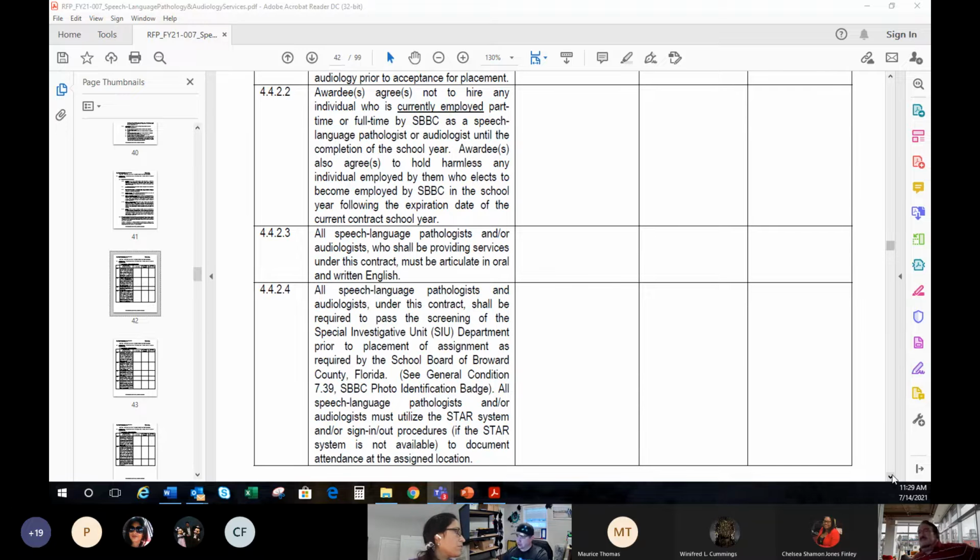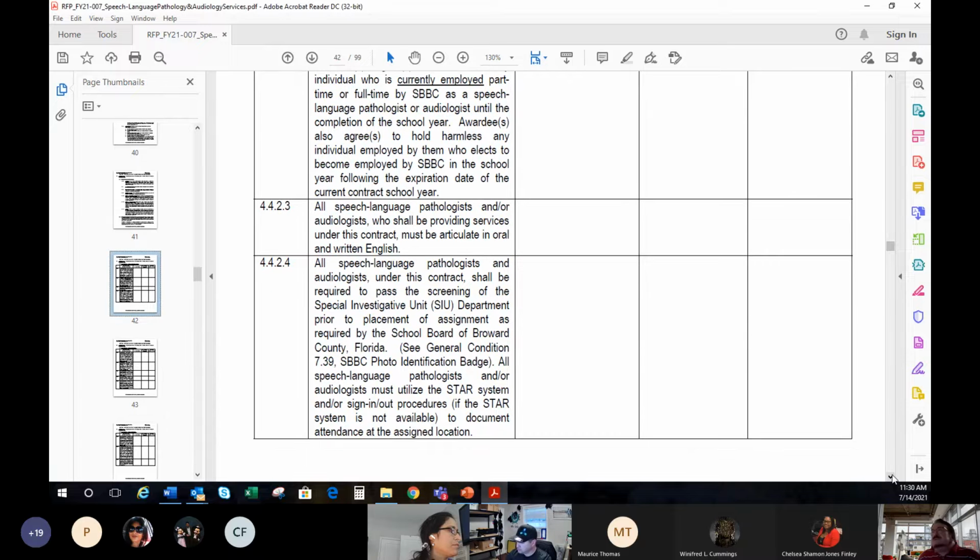So I just wanted to point out that the employees have to meet the requirements of the Special Investigative Unit, and you can go to their website, which lets you know what areas of criminal history are acceptable and not acceptable. So I will let you do that on your own.